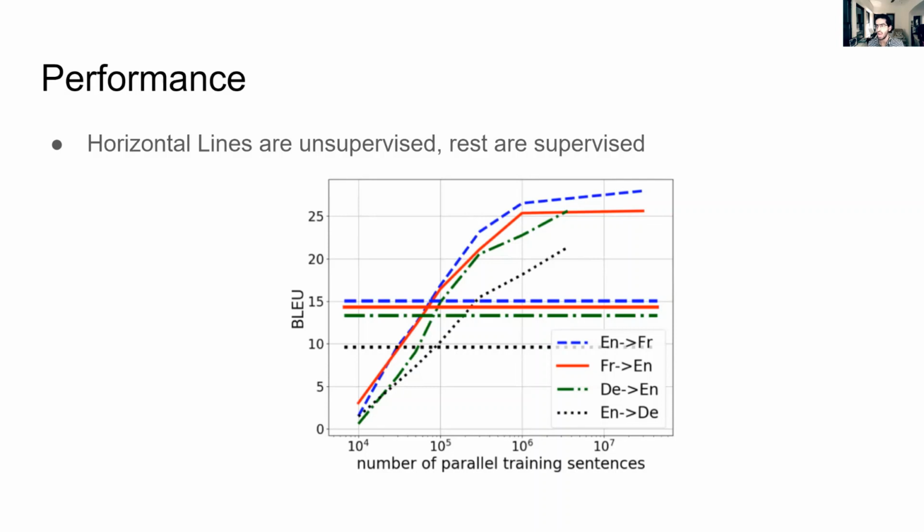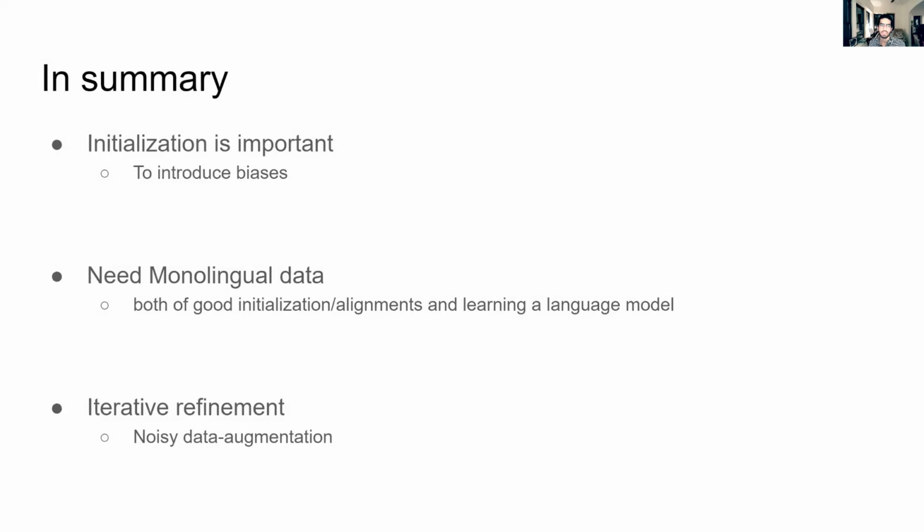So having parallel data should only improve the model, not hurt the model. So for example, here having a little parallel data is actually not performing better than having no parallel data at all. Okay. So that's unsupervised MT, at least from those 2 papers, in summary.